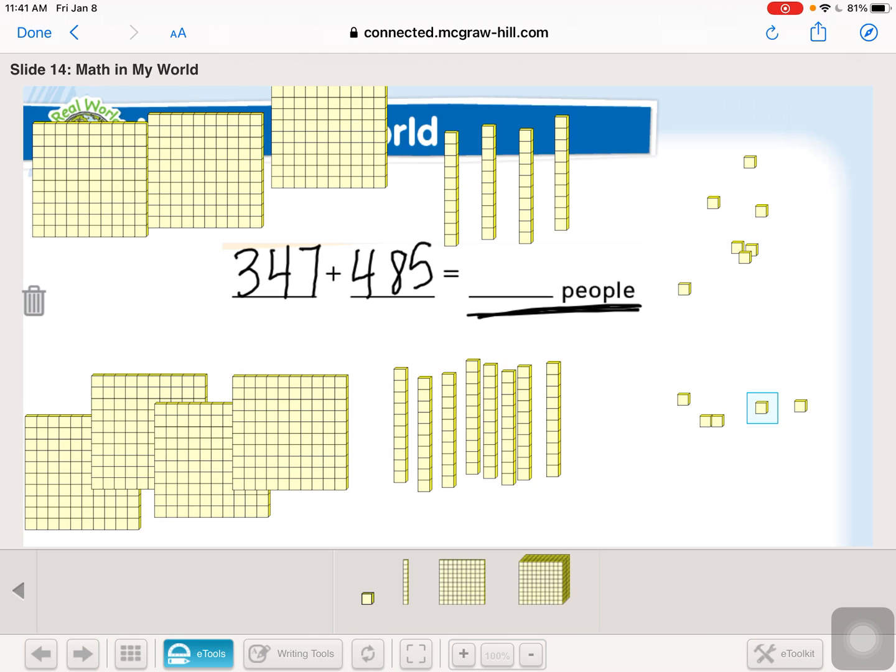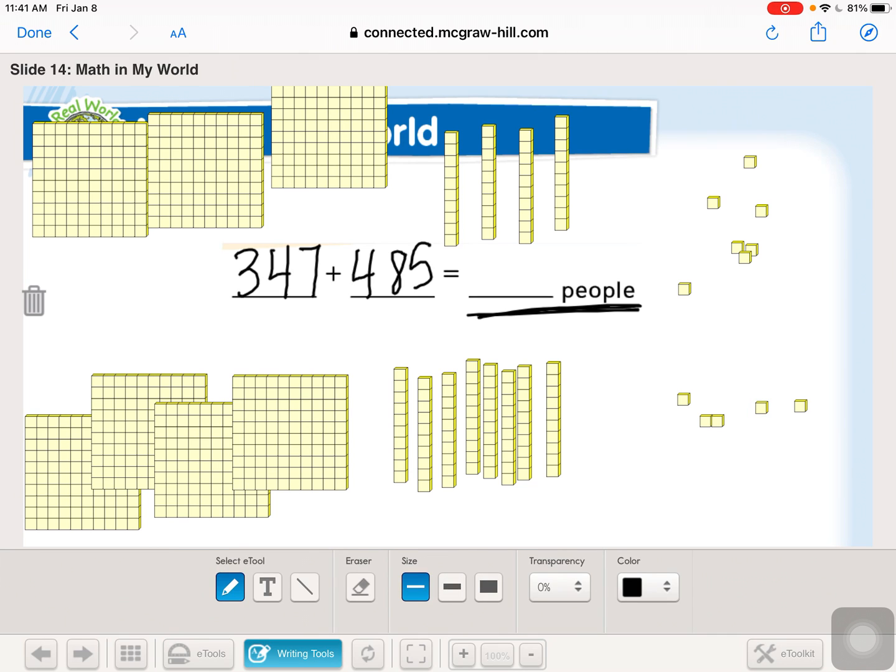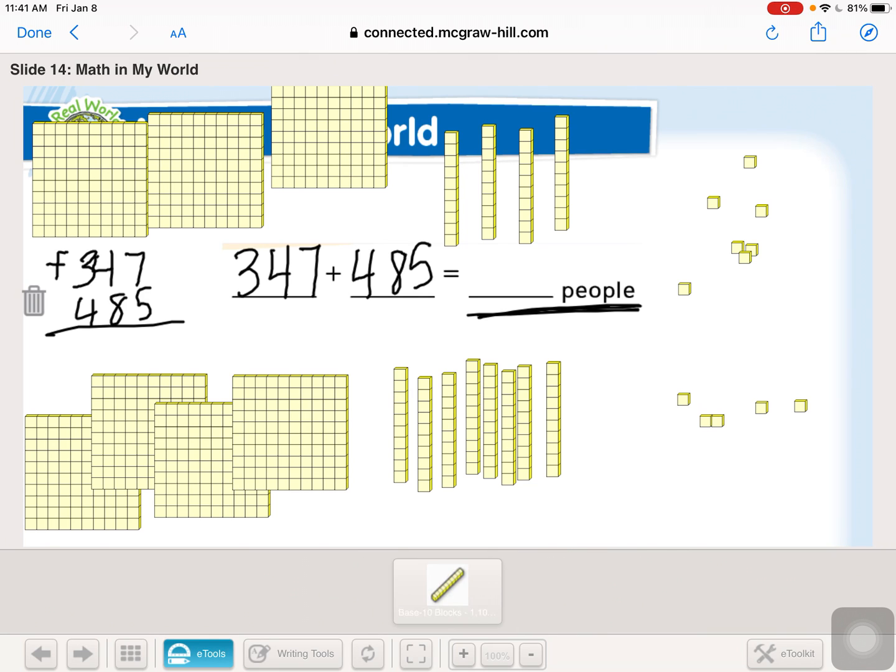Okay, so starting in my ones place, we've got 5 ones plus 7 ones. Seven plus 5 equals 12. So I'm going to regroup.